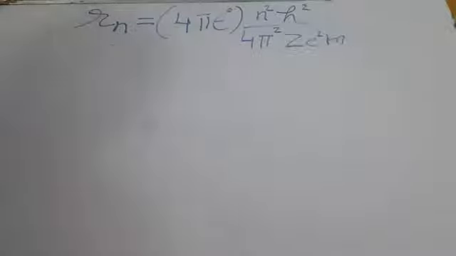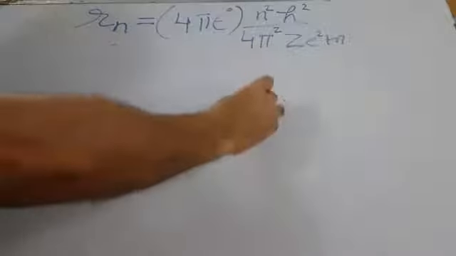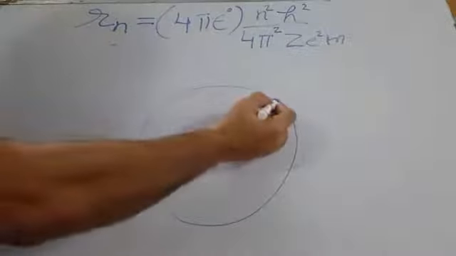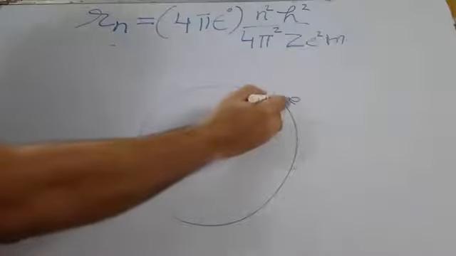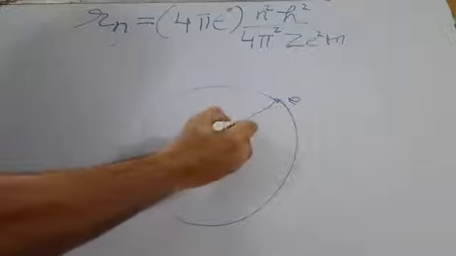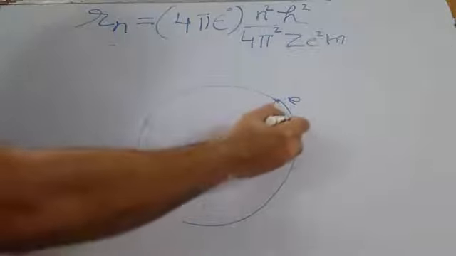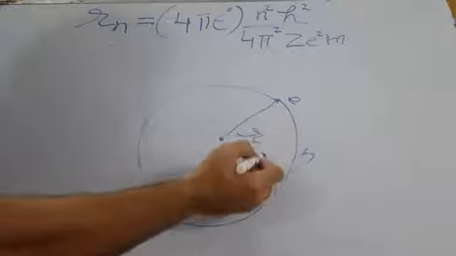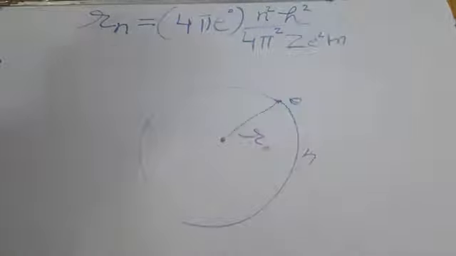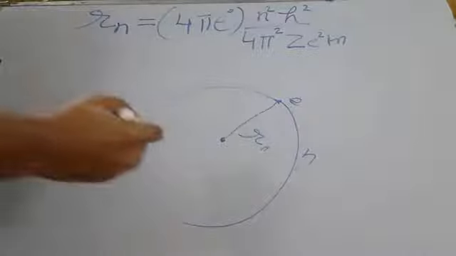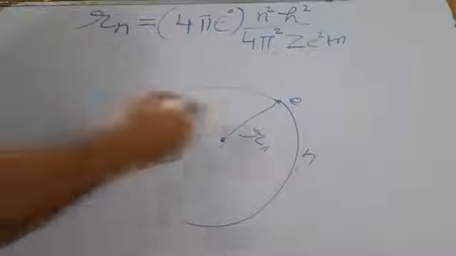Now we can calculate the energy of the electron of the system in the nth orbit with radius r. See, this is the nth orbit and this is Rn. This can be calculated by the same way we calculated this.